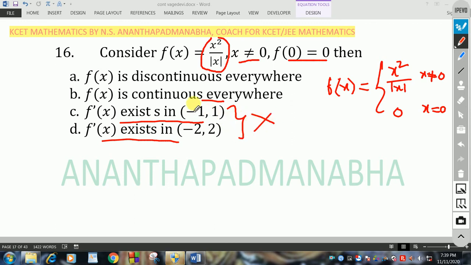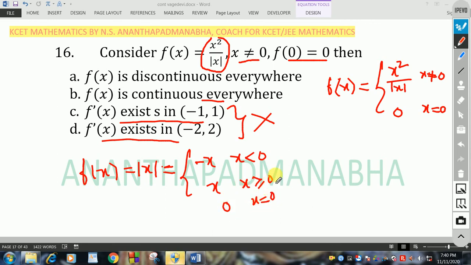So now I have two choices: f(x) is discontinuous everywhere or f(x) is continuous everywhere. We have the definition of f(x) equal to mod x as minus x for x less than 0 and plus x for x greater than or equal to 0, and it is equal to 0 for x equal to 0.